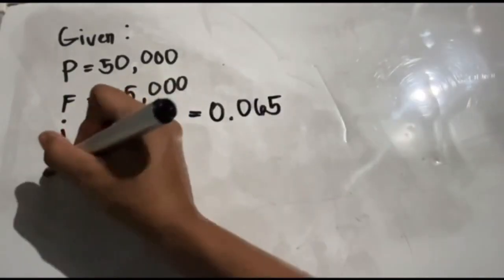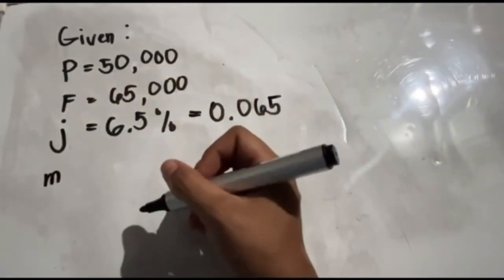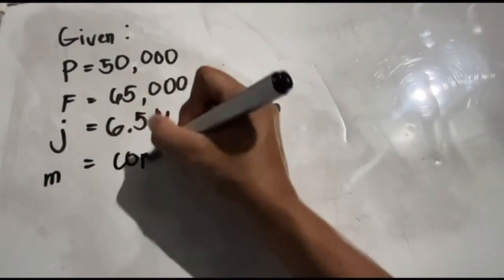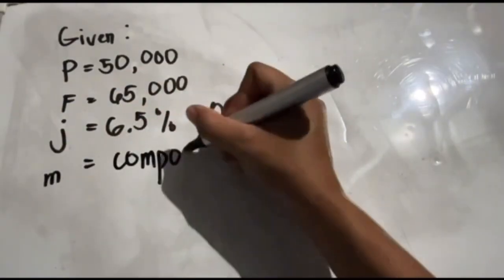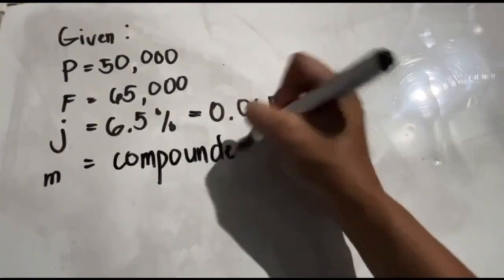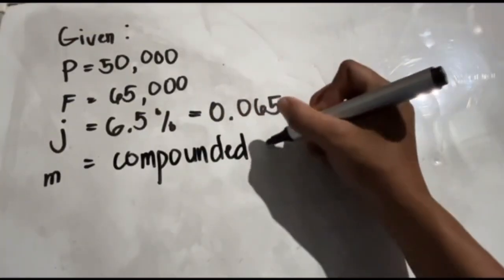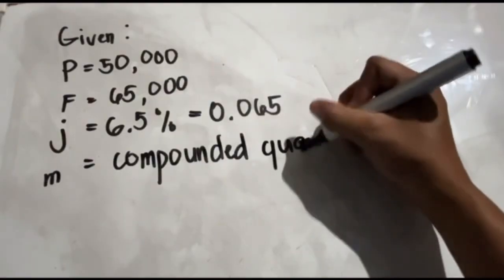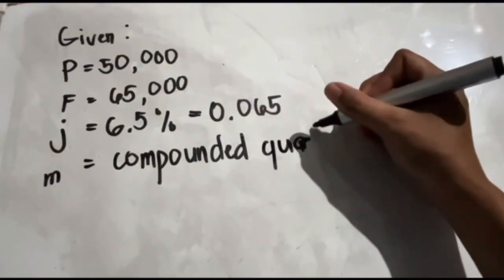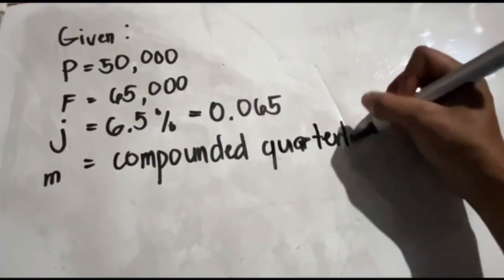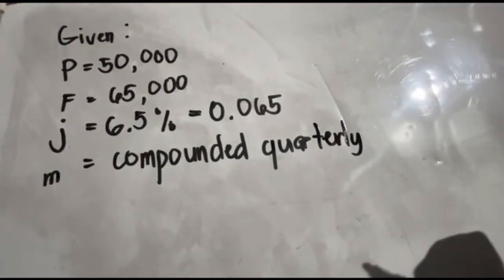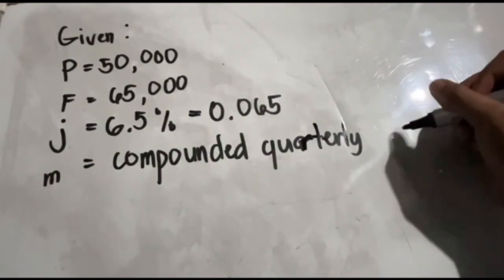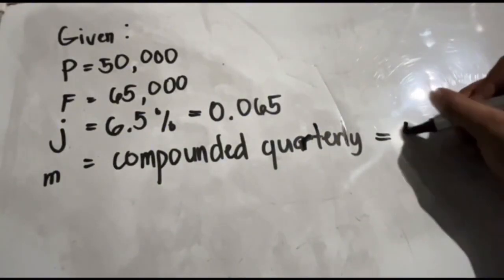And for letter M, it is our compounded quarterly. So, for compounded quarterly, M is 4.